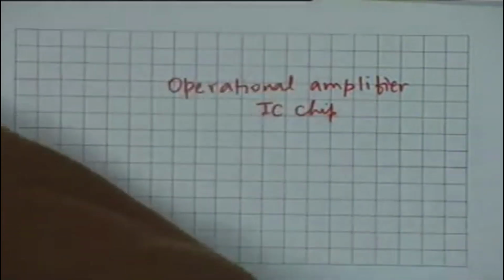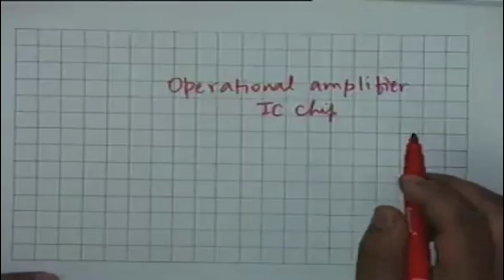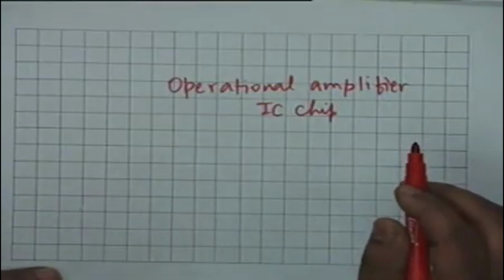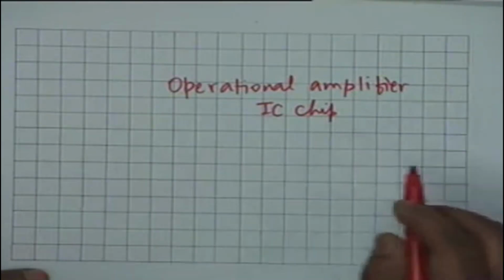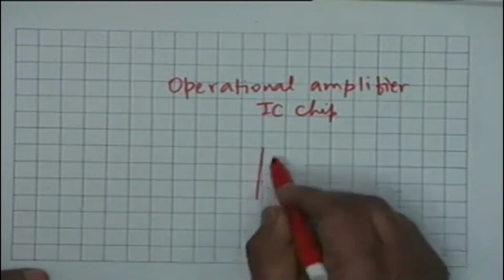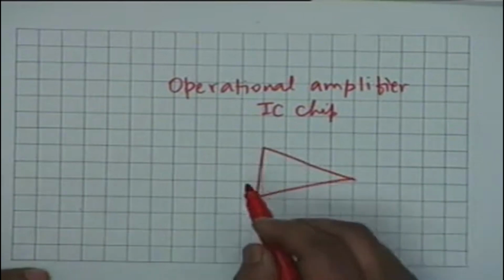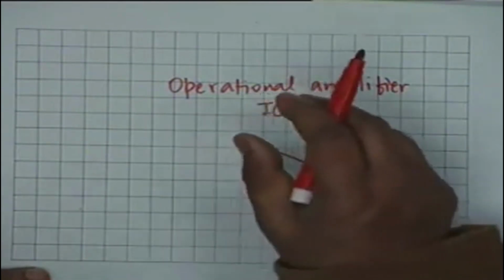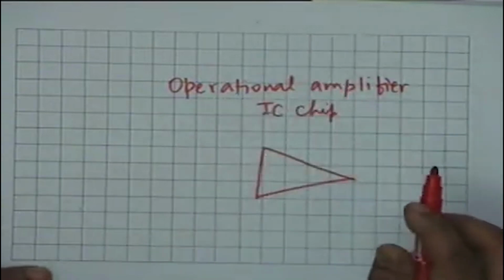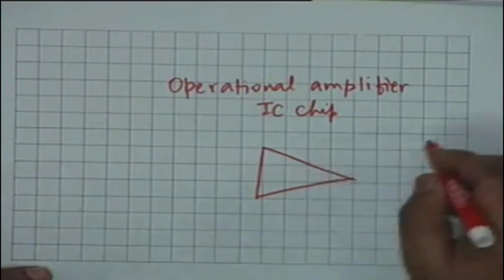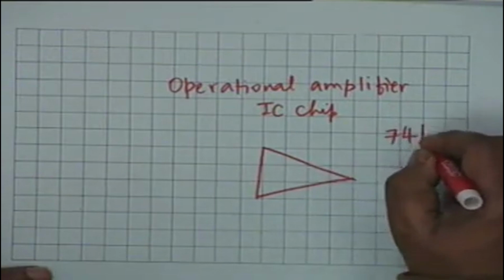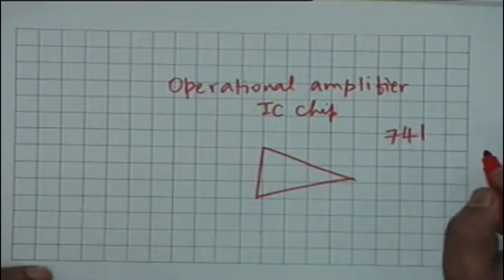Let me first give you some familiarity with the actual chip. The actual chip has 8 terminals, and the symbol for an operational amplifier, I will explain why it is called operational a little later. The one chip that is most popular is the so-called 741 chip.